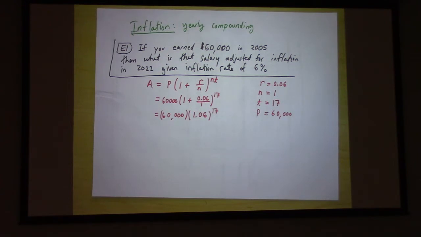So 60,000 times 1.06. I'm using Wolfram Alpha because I've got it open anyway, so why not? 1.06 to the 7th power. Wait a minute, 7th power? No, 17. 17th power. What do we got?